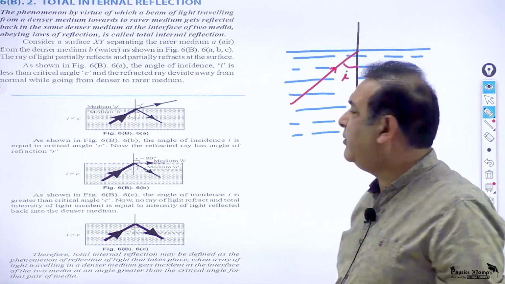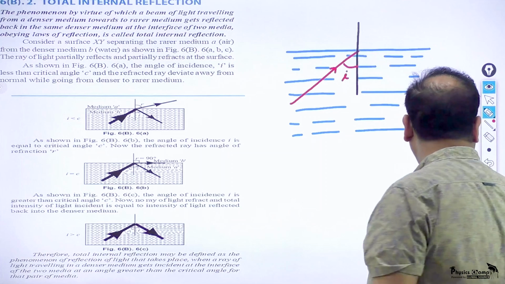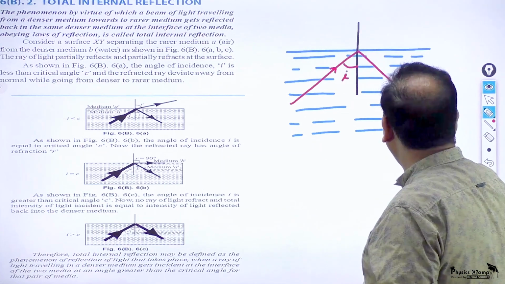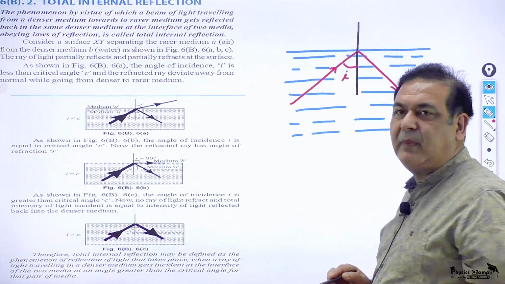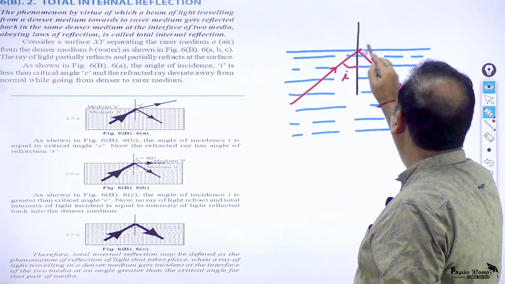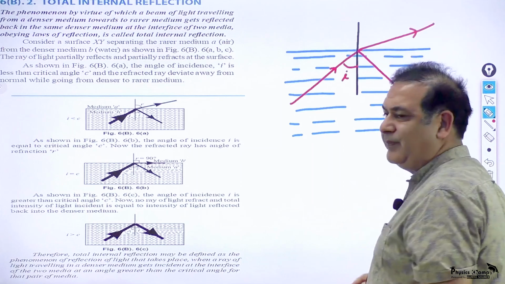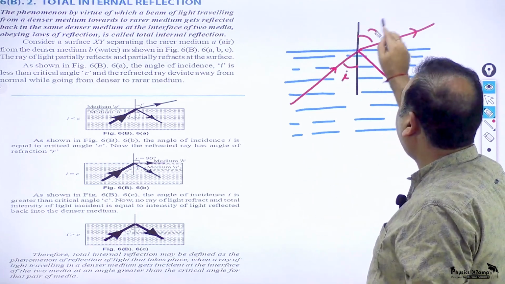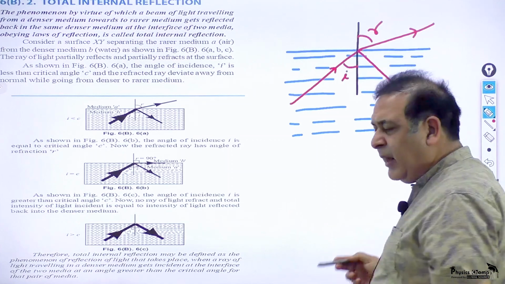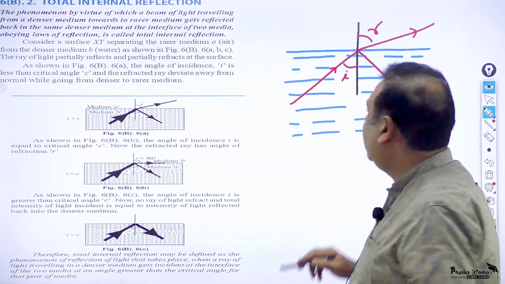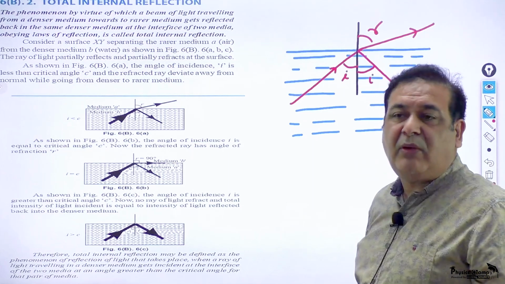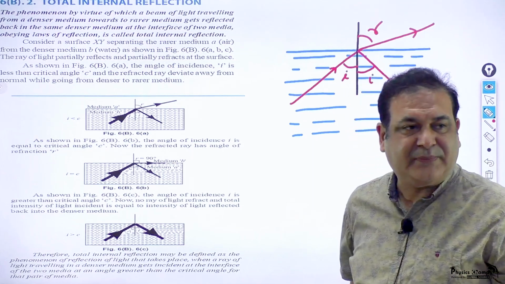First possibility is that partly this ray of light will be reflected and partly this ray of light will be refracted. So, a part of this ray of light will reflect, and that part which will reflect will obviously be at an angle I, because it always follows the angle of reflection.